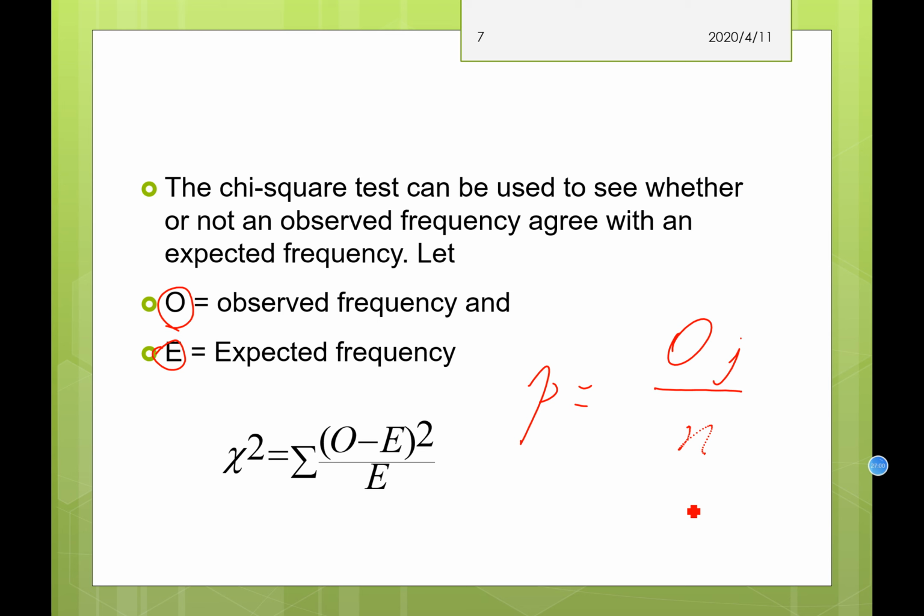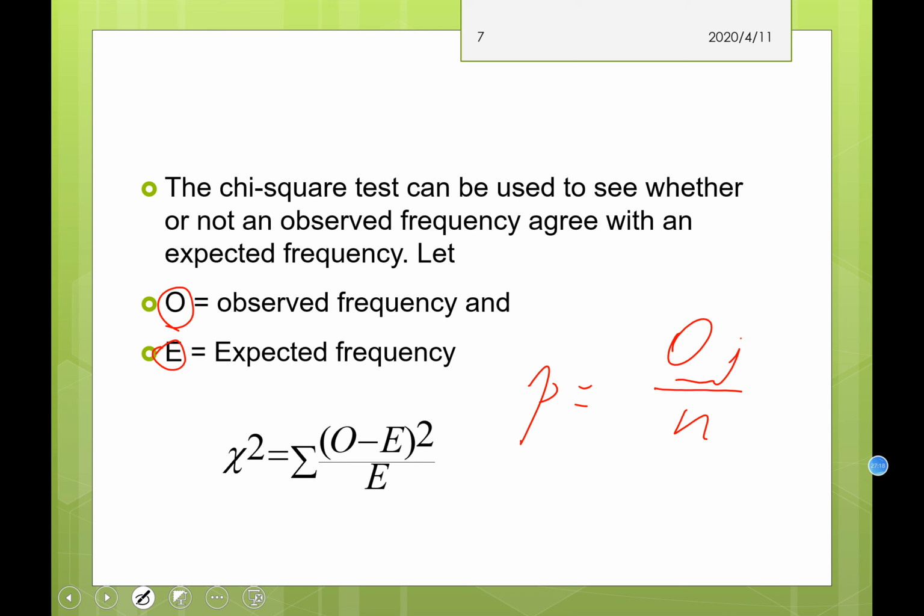And here we use Oj, that means the column total in the column of a special cell.